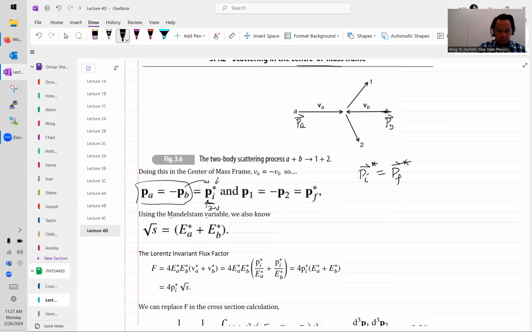The incoming and outgoing momentum has to be the same in order to conserve momentum, so these two are equal to each other. In that case, momentum 1 and 2 are also going to be equal and opposite to each other. This is probably not a nice drawing of that, but particle 2 comes out like this, back to back.